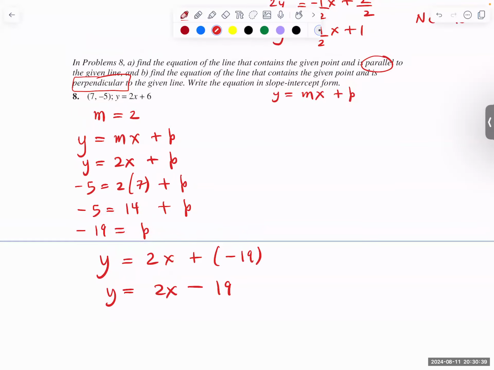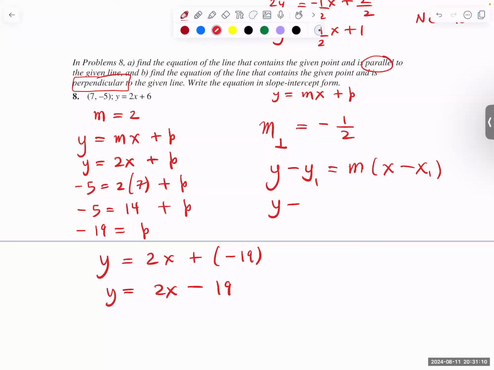Any line that is perpendicular will have a slope that's the negative reciprocal of 2. So that'll be negative 1/2. So the equation of the line will be, let's use point-slope form this time. y minus y1 equals the slope m times x minus x sub 1.